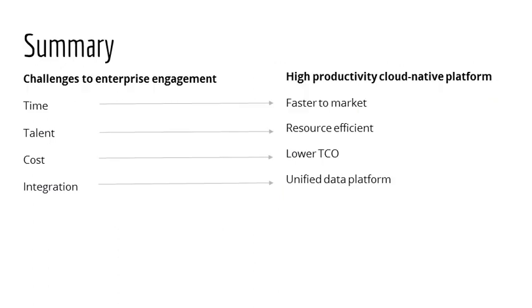To summarize all that we've spoken about so far, there are multiple challenges to building an enterprise engagement layer: time, talent, cost, and data integration. But by using a high productivity cloud platform, you can get the advantages of faster time to market, better resource utilization, a lower total cost of ownership, and a much more unified data platform that acts as your single control plane.